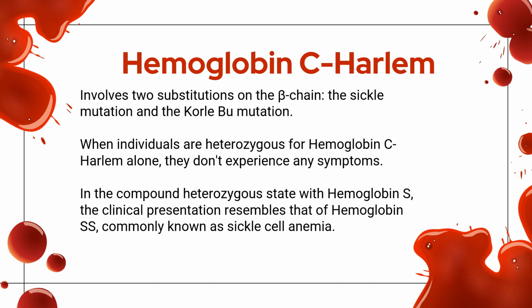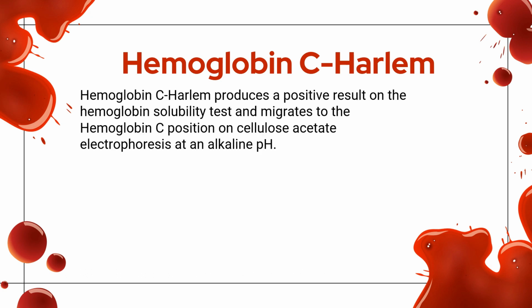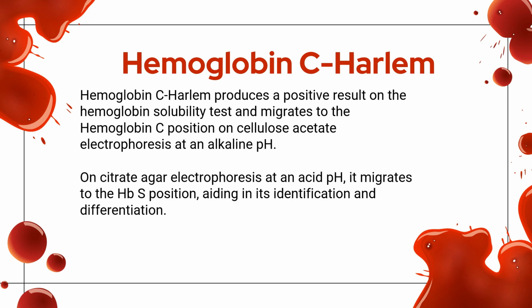However, in the compound heterozygous state with hemoglobin S, the clinical presentation resembles that of hemoglobin SS, commonly known as sickle cell anemia. Hemoglobin C-Harlem produces a positive result on the hemoglobin solubility test and migrates to the hemoglobin C position on cellulose acetate electrophoresis at an alkaline pH. On citrate agar electrophoresis at an acid pH, it migrates to the HbS position, aiding in its identification and differentiation.